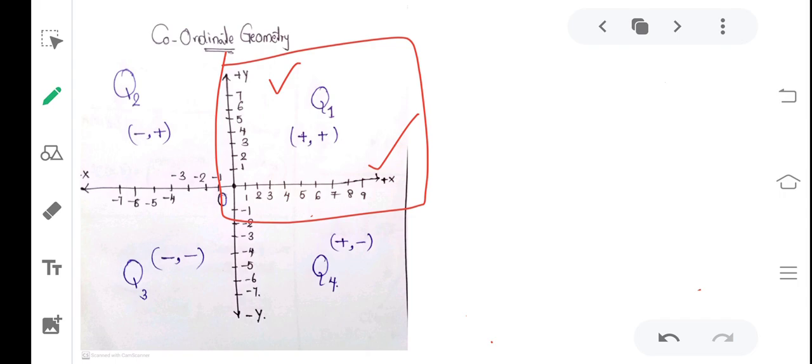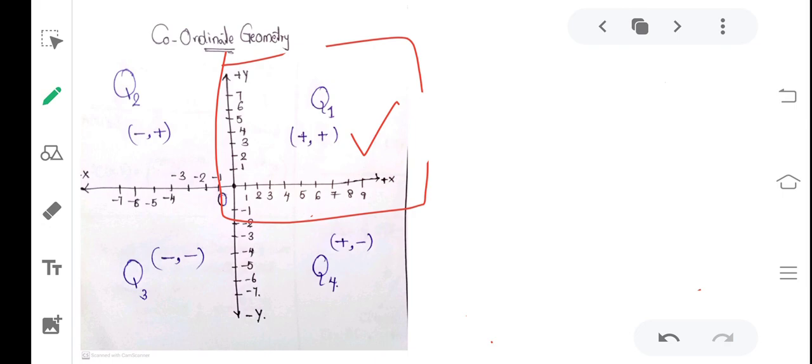The values of the horizontal axis and the values of the vertical axis are both plus. So the x-axis is plus, that is why we take it as plus, and the y-axis is also plus, that is why we take it as plus. So in quadrant 1, the point is always plus comma plus.